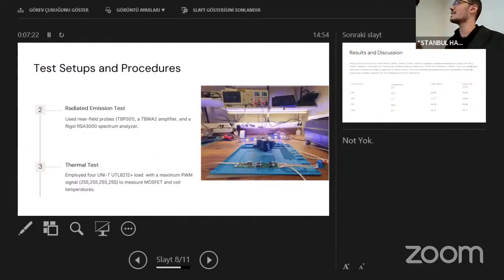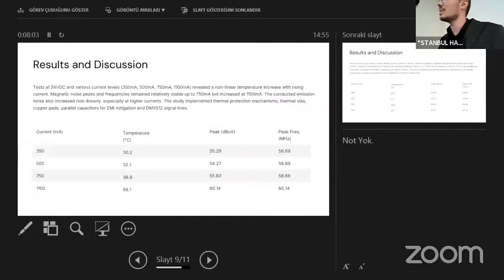Normally the radiated emission test must be used in a parallel case, but in the laboratory we did it like this. The radiated emission test used near field probes, an amplifier to amplify the signal, and a Rigol spectrum analyzer. The thermal test employed a UETL 80 to 12 plus load with maximum PWM signals to measure MOSFET and coil temperature.